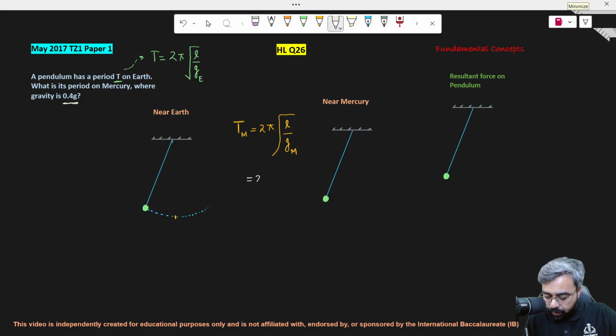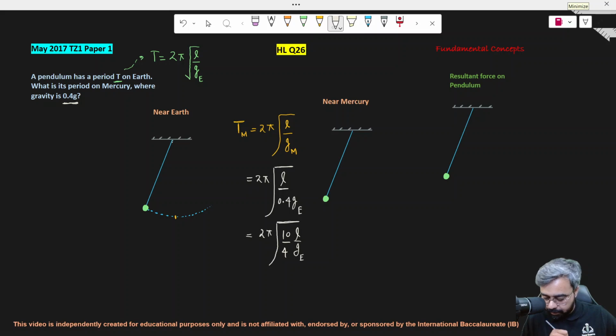Now we will plug in the value of the gravitational field strength in terms of the gravitational field strength of Earth, which is 0.4 times g_E. You can write 1 over 0.4 as 10 over 4, so 10 over 4 times L over g_E.